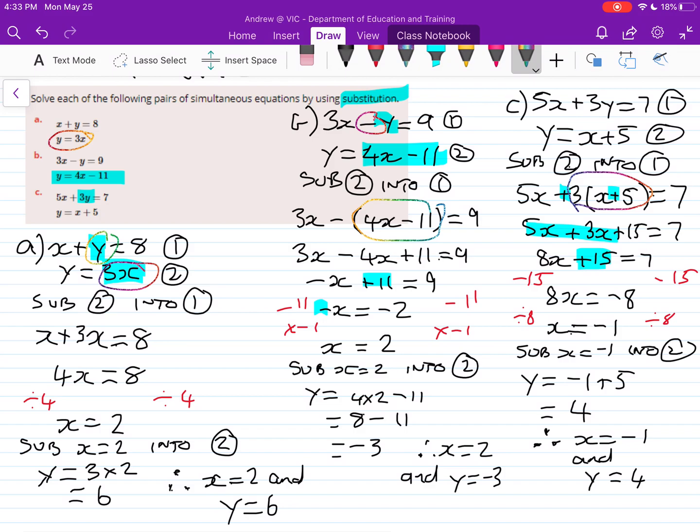So make sure you do 3 times x and then 3 times 5 as well. It's just little things that can cause some errors that will get you a wrong answer if you don't do it. So hopefully this helps with solving simultaneous equations by substitution, and good luck.